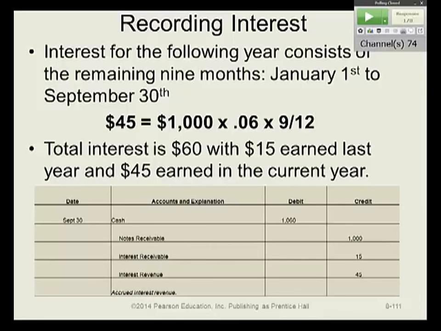The maturity value is principal plus interest. So on September 30th in the following year, when you collect the note, the maturity value is $1,060. It's principal plus interest.